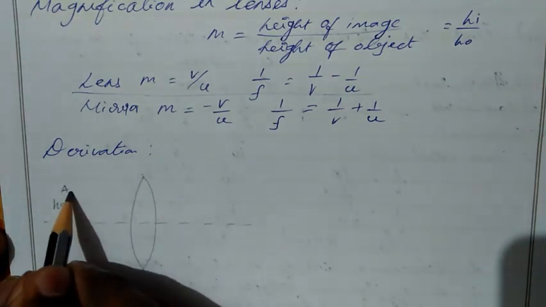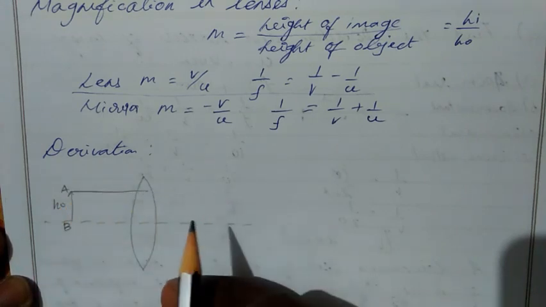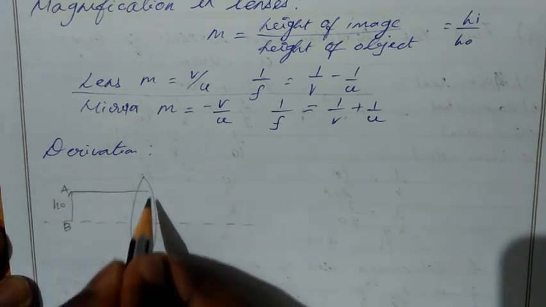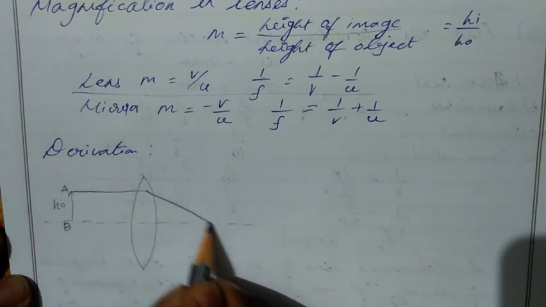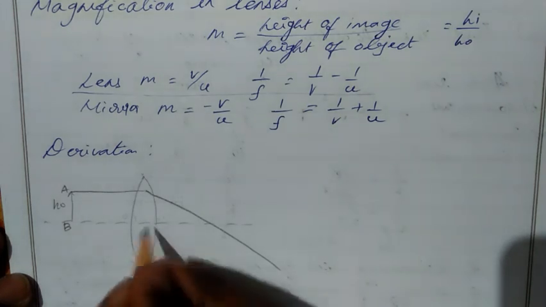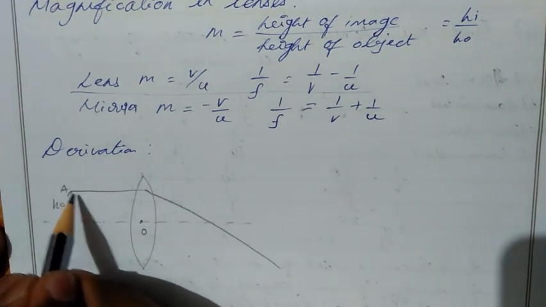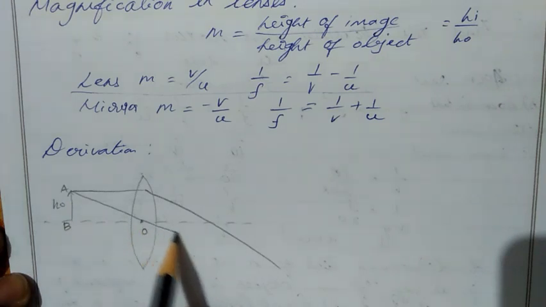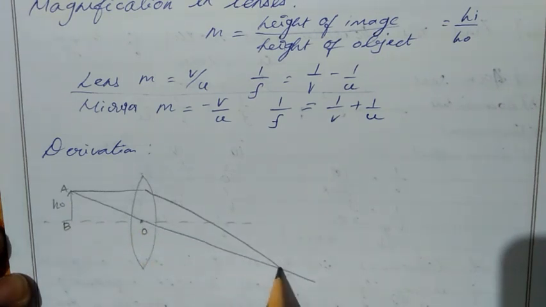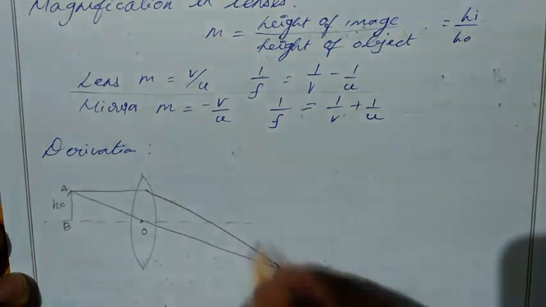Two rays come from the object, one parallel to the principal axis. What will happen? After refraction, it goes towards the focus. Another one goes towards the optical center. When a ray goes towards the optical center, it goes without any deviation. These two rays meet at this point where our image is formed.